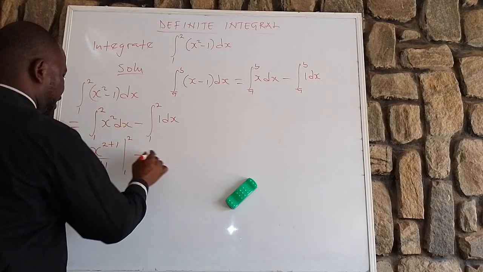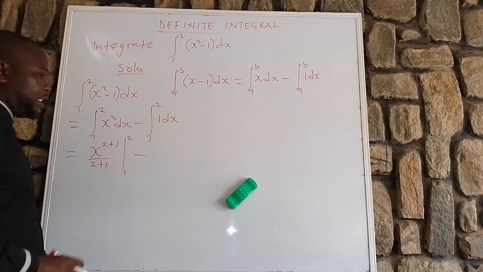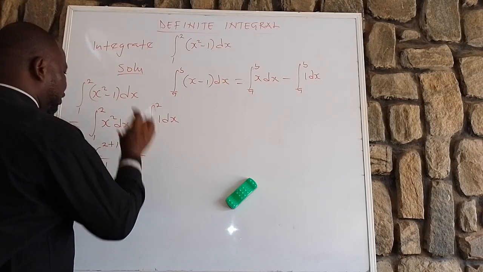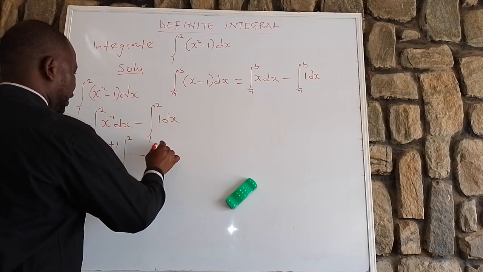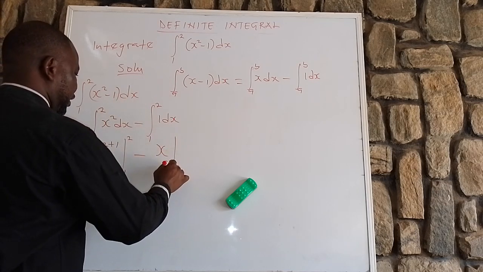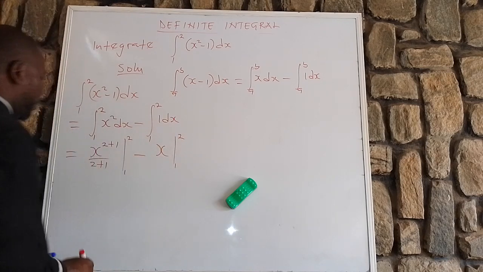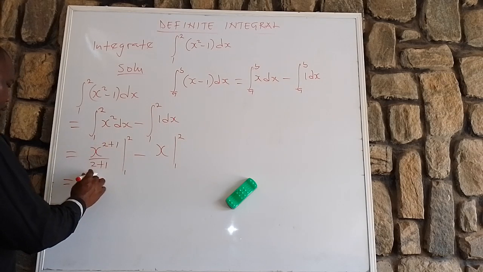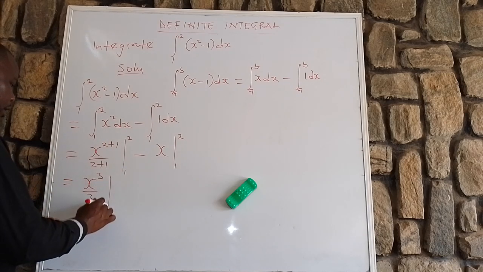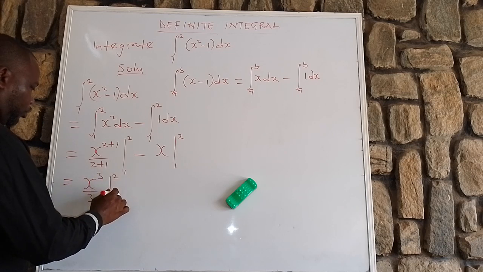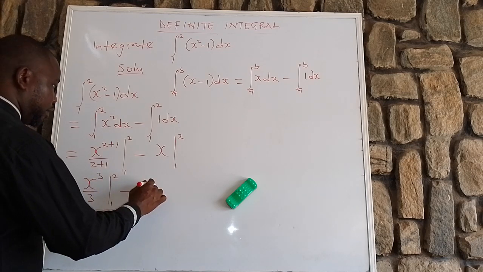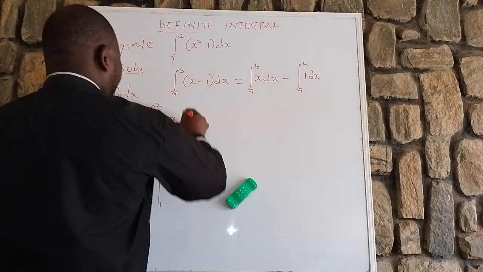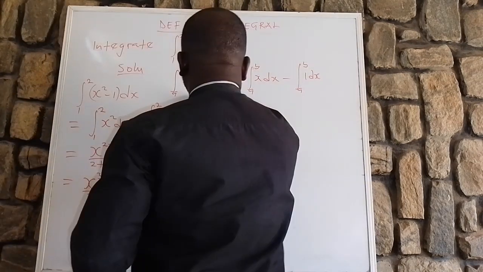Then minus, you know 1 dx is the same thing as dx, so if you integrate 1 dx, it's going to give you x, with limits 1 to 2. So this is equal to x raised to the power 3 all over 3, limits 1 to 2, minus x, limits 1 to 2.